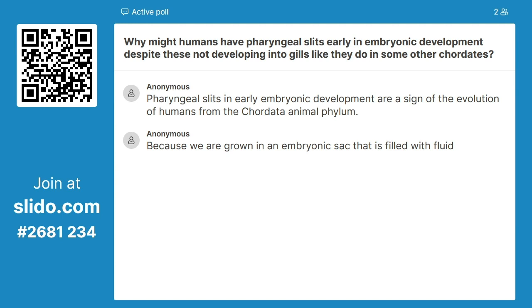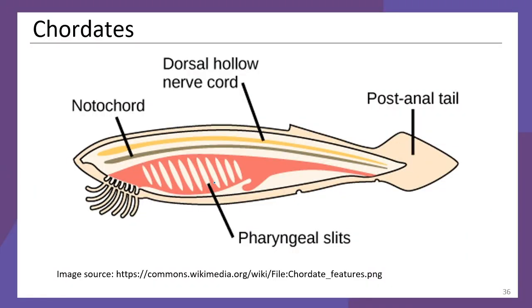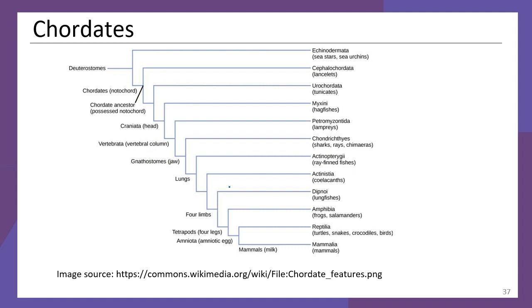Absolutely. So it's a holdover from our evolutionary history, and it reflects that. So we make these adjustments and get rid of some of the stuff that we have earlier in embryonic development that is residual and we don't need anymore.